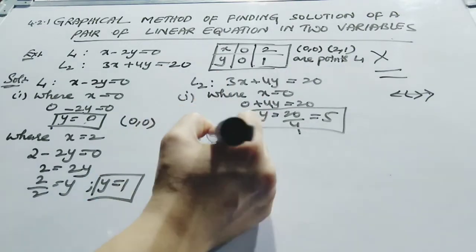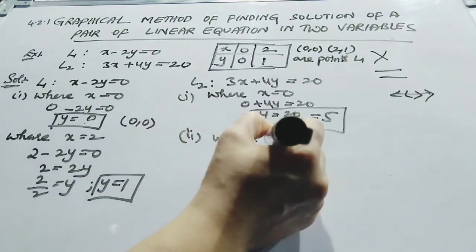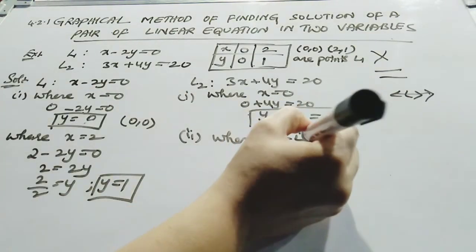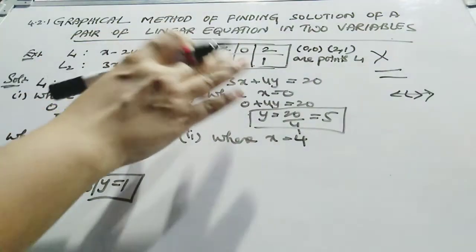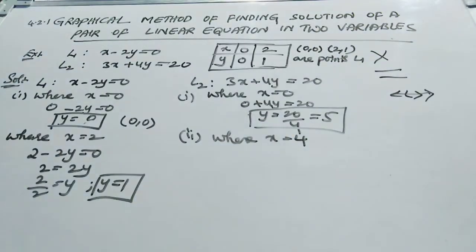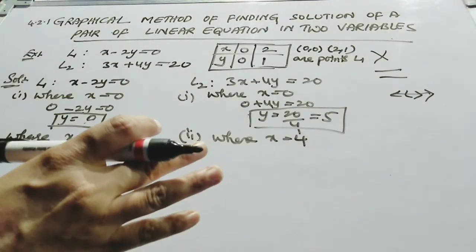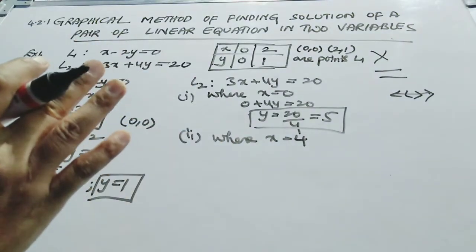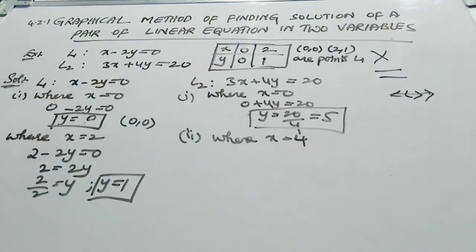Now take another value of x. Suppose I take 3, that is 9. 20 minus 9, you will get 11, and y is equal to 11 by 4, which gives a fraction. So better avoid fractions.